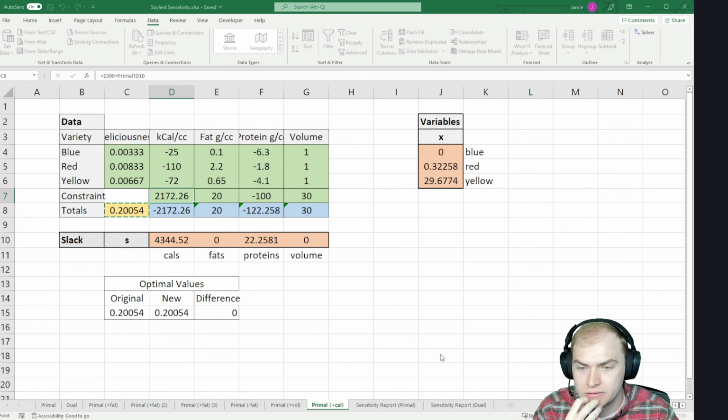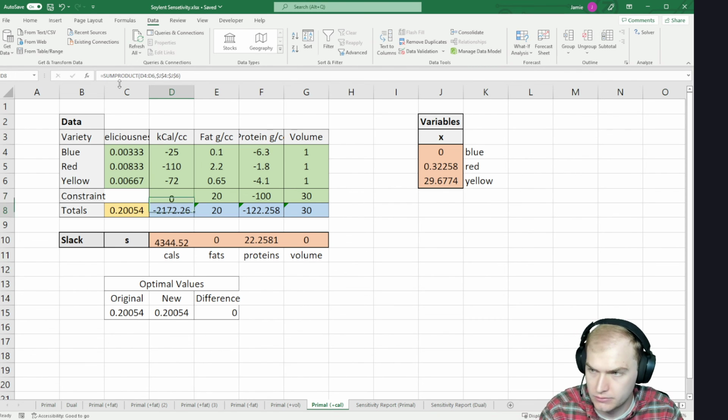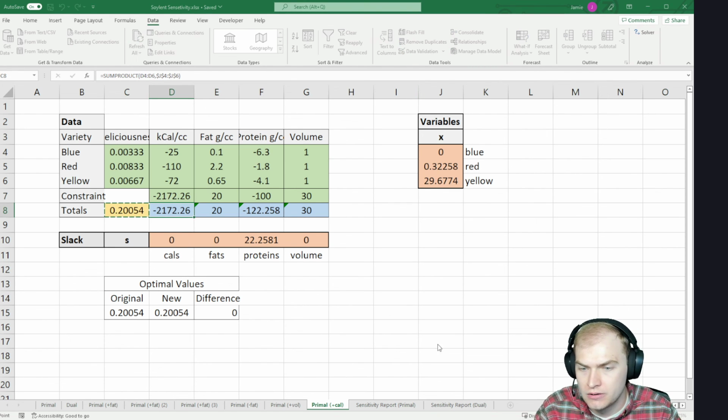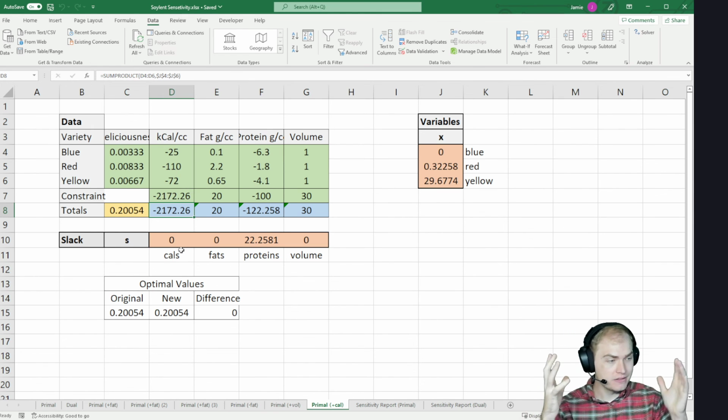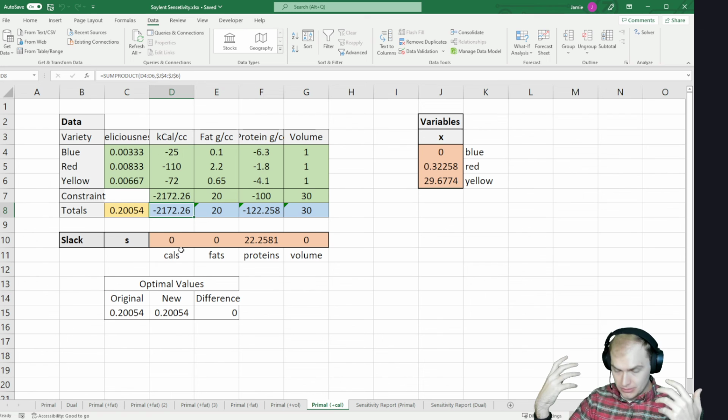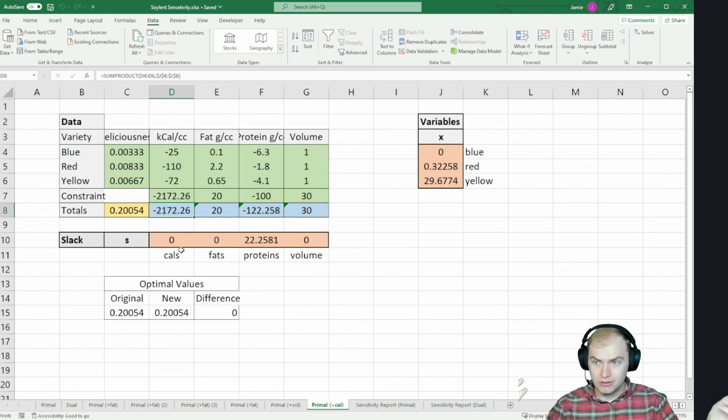And then solve it again. Oh, this should be negative. Solve it again. We get the same basis, and in fact the same optimal solution, with the same objective function value, because the shadow price for the calorie constraint was 0.